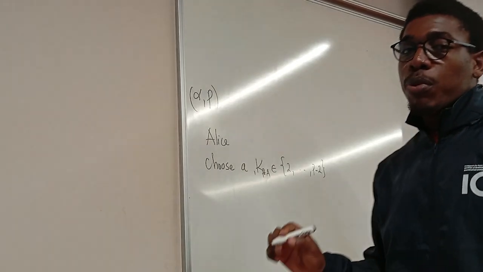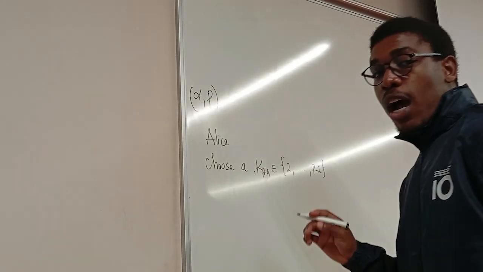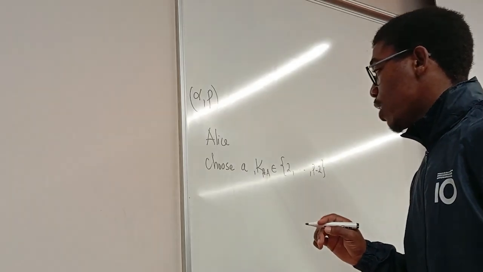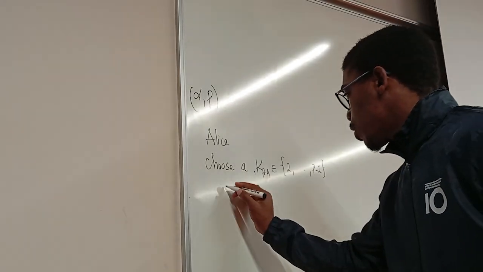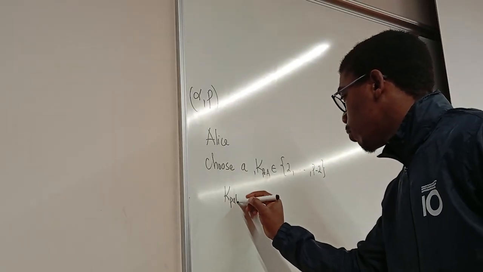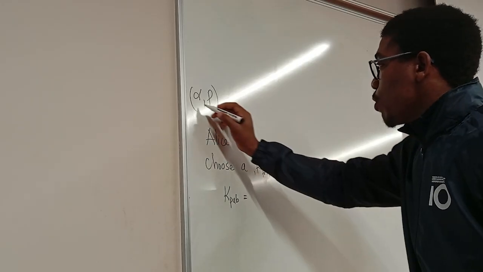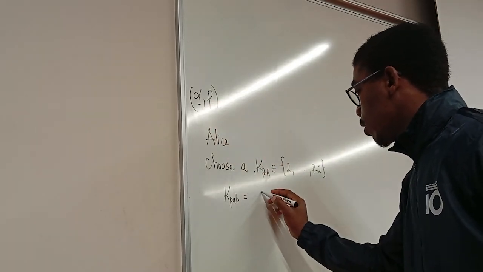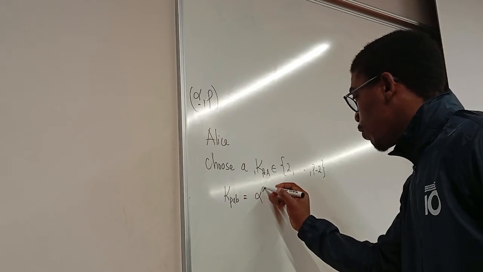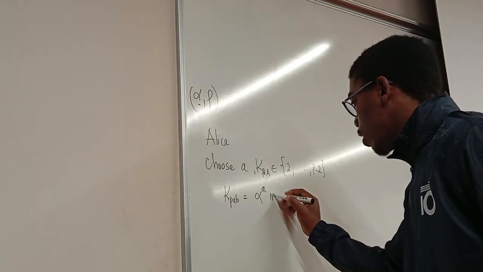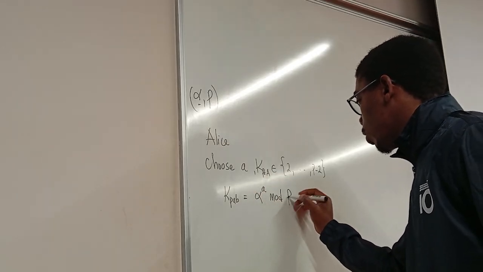She also needs to pick a public key too. How the public key works is that Alice is going to compute K pub. She's going to take this alpha and raise it to the power of this A modulo p.